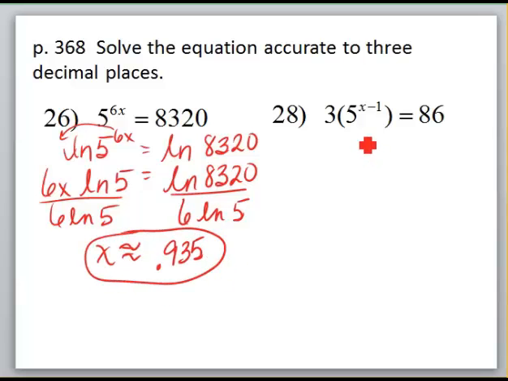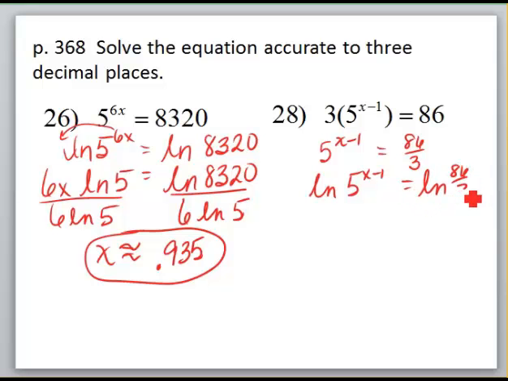On this next one, the first thing I want to do is divide by 3 on both sides. Otherwise, I can't really use my ln properties, so I just get 86 over 3. Feel free to change that to a decimal if you'd like. Now I'll ln both sides. And then I'm going to bring my exponent out front.